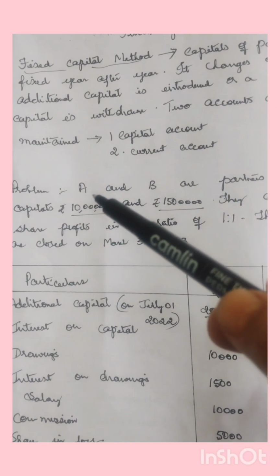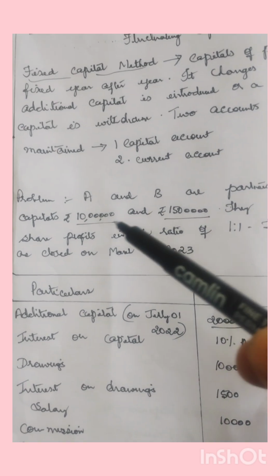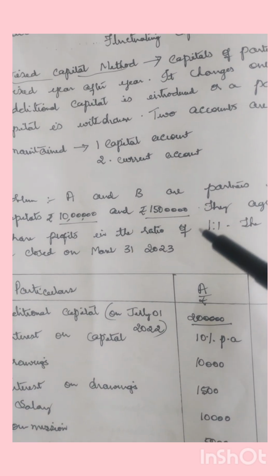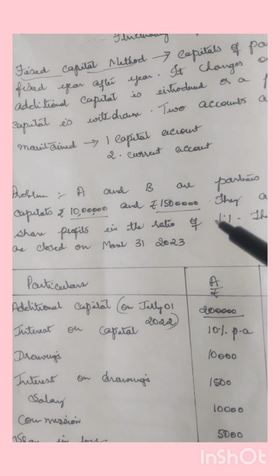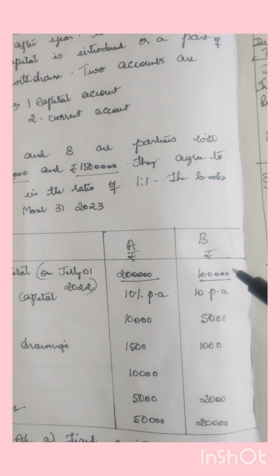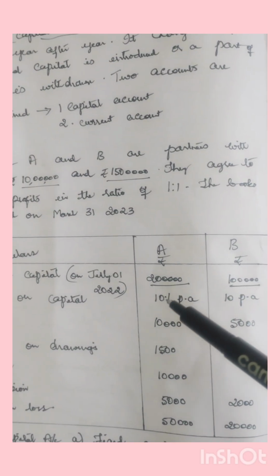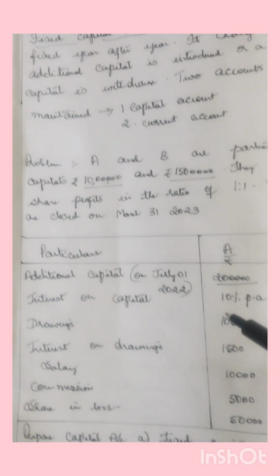So here is the problem. A and B are partners. Their capital amount is also given. Their profit sharing ratio is equal, 1:1. Their additional capital is also given in the question. Interest on their capital is given as 10%.